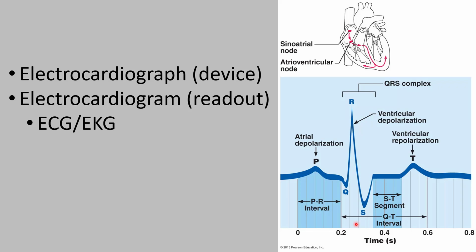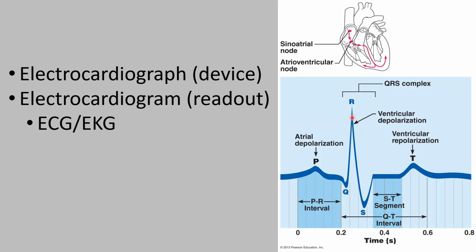Every time one part of the heart repolarizes, the next thing that happens is that same part of the heart goes into diastole. So we've completely gone through the atria now. P wave, atrial depolarization. Flat spot, atrial systole. QRS complex, we said atrial repolarization followed by atrial diastole.